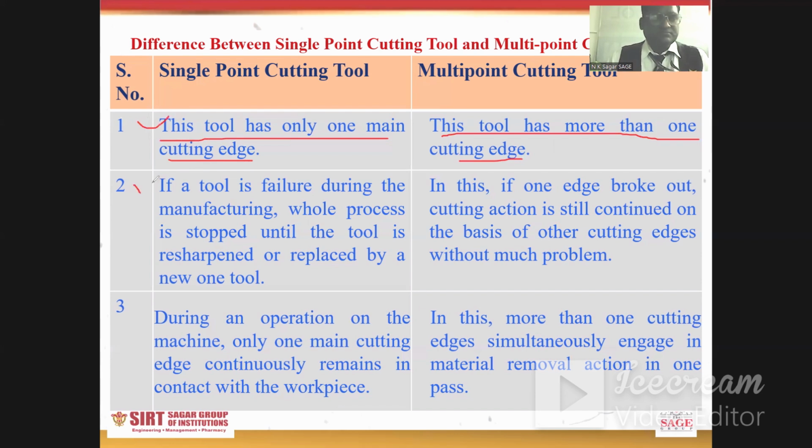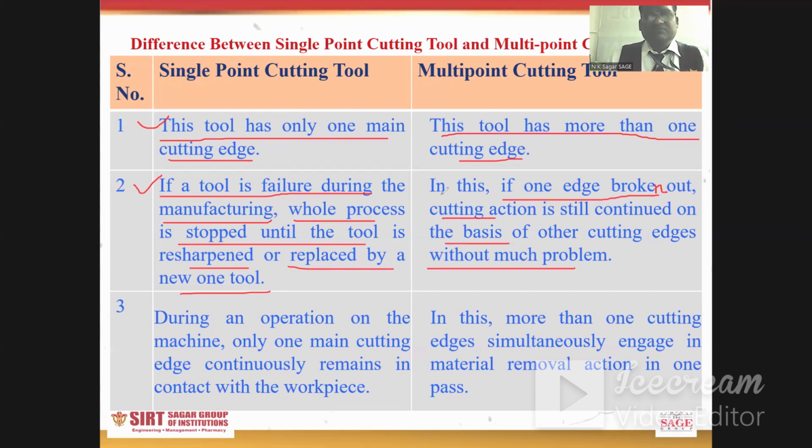Second difference: if a tool fails during the manufacturing process, the whole process is stopped until the tool is resharpened or replaced by a new tool. In the multi-point cutting tool, if one edge is broken, then cutting action still continues on the basis of other cutting edges without much problem.